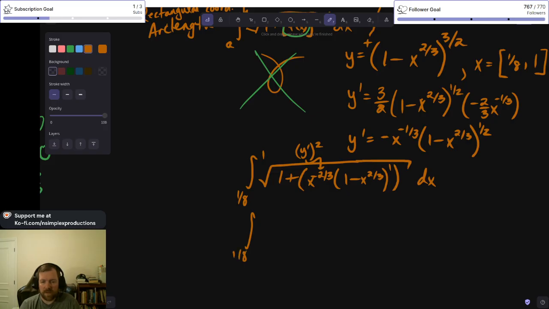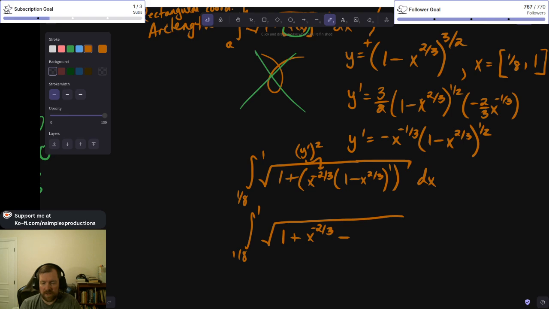So 1/8 to 1, square root of 1 plus that is an x to the negative 2/3. Because the exponent is now a 1, we're allowed to distribute in the rest of the stuff.